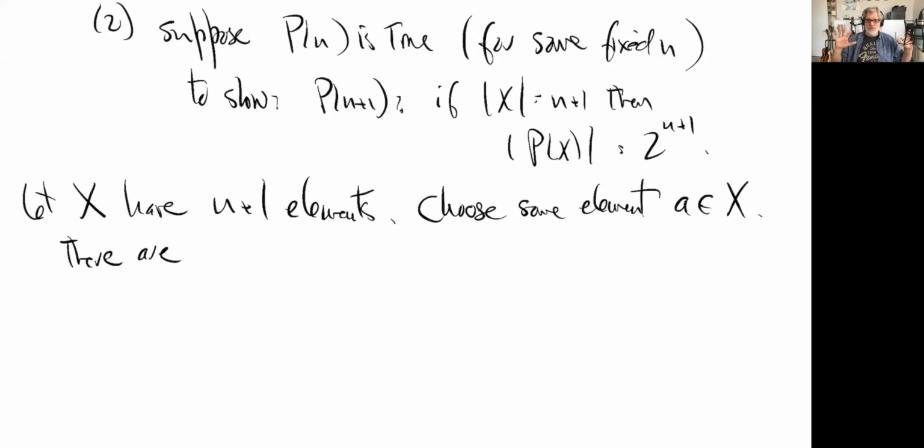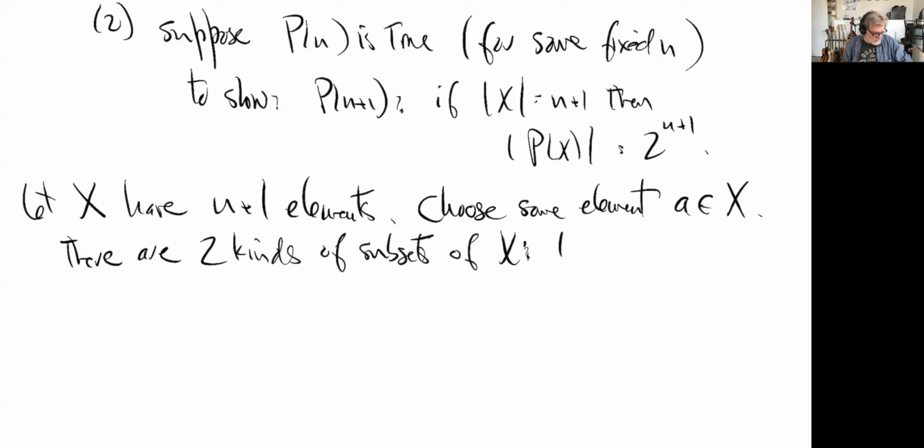So what I'm going to do is count those that contain A and those that do not contain A. So there are 2 kinds of subsets of X, those containing A, those not containing A, right? Okay, so let's start by counting those that do not contain A.